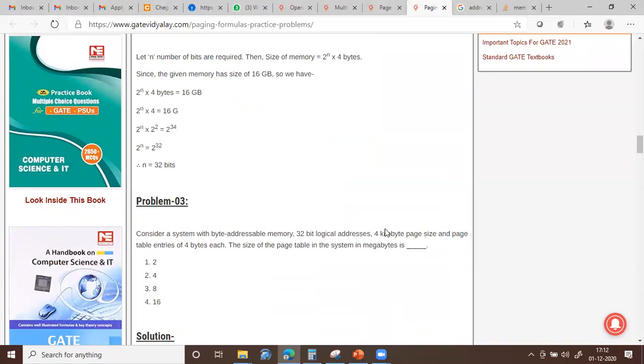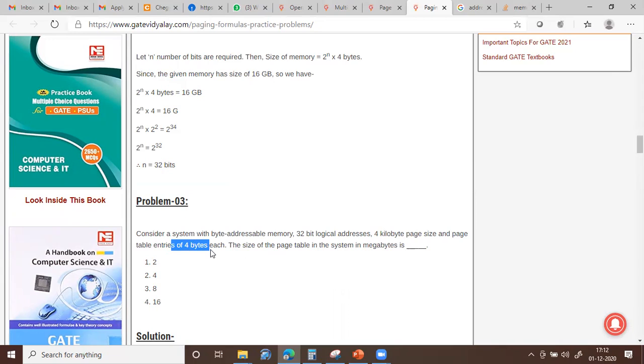The page size is 4 kilobytes, and each entry in the page table occupies 4 bytes. Now what is the size of the page table?